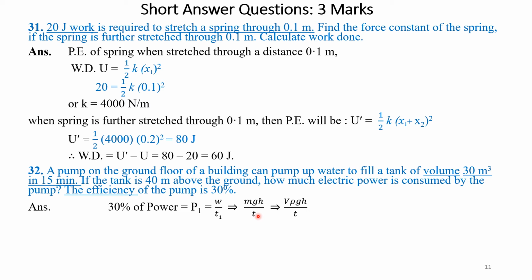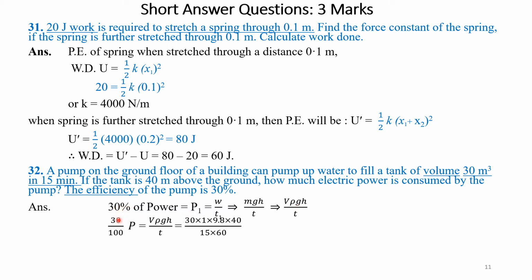That is equal to V rho g h divided by t, since mass is given by density into volume, where rho is the density of water. Therefore, 30% of the power is given by the relation.